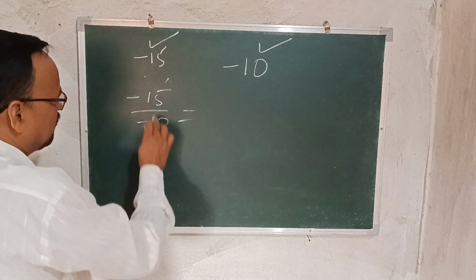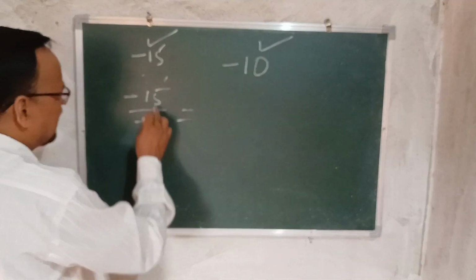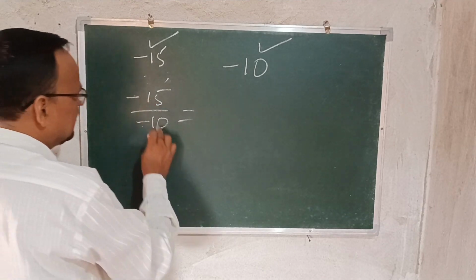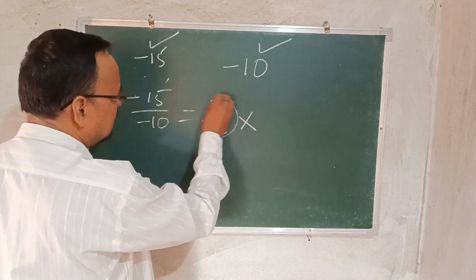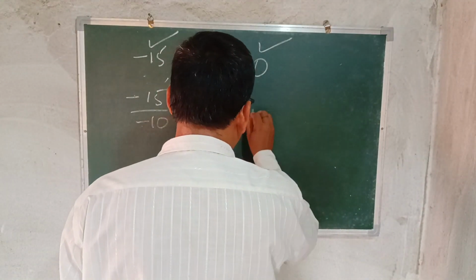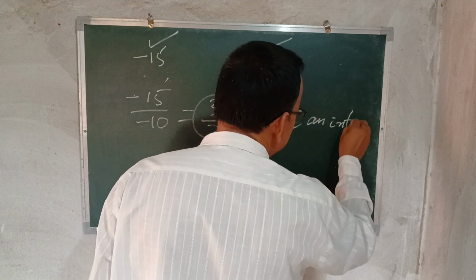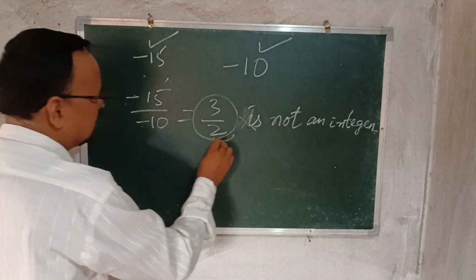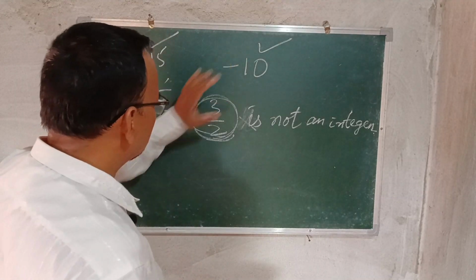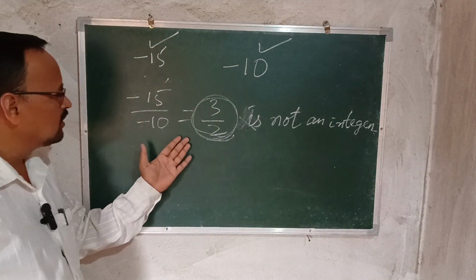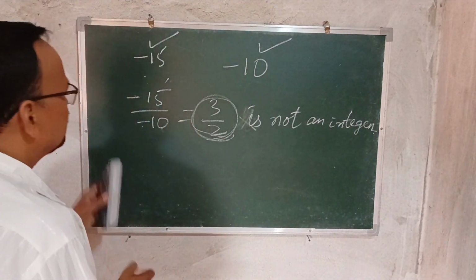By cutting these two numbers by 5, because 5 is the HCF of 15 and 10, we get 3 here and 2 here. 3 by 2 is not an integer. So from this verification we know that division does not obey the closure property.